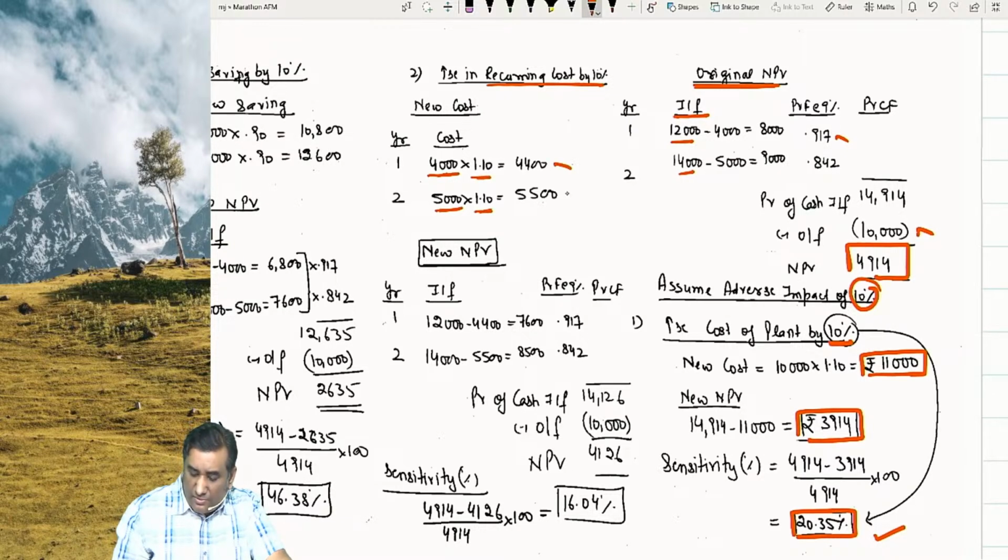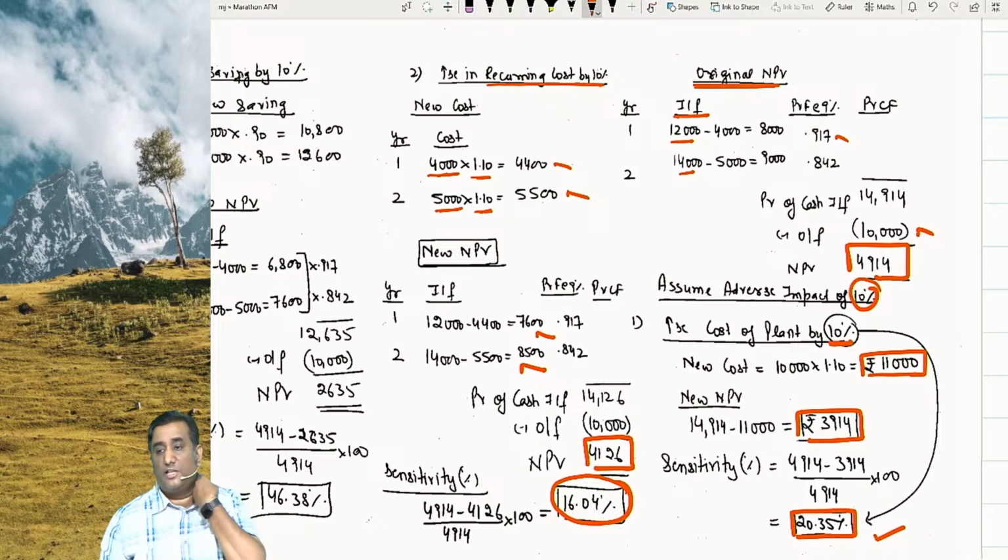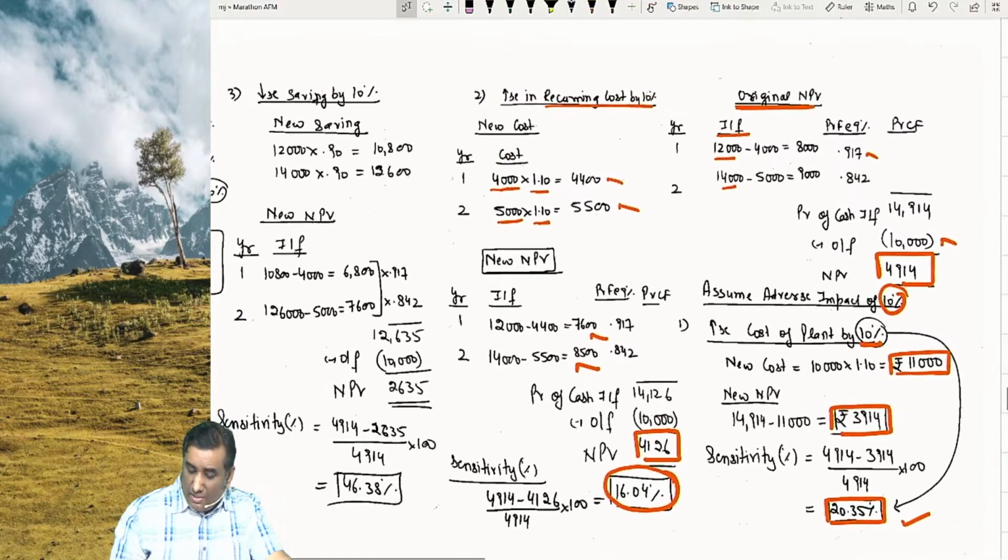So it becomes 4,400 and 5,500. So the new inflows would be 7,600 and 8,500. Can we calculate the new NPV? Yes. My change in NPV comes 16.04. It means if my recurring cost increases by 10, my NPV would fall by 16.04 percentage.